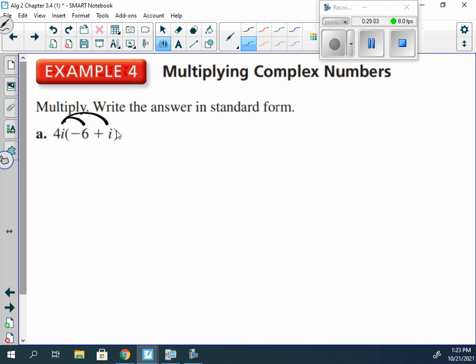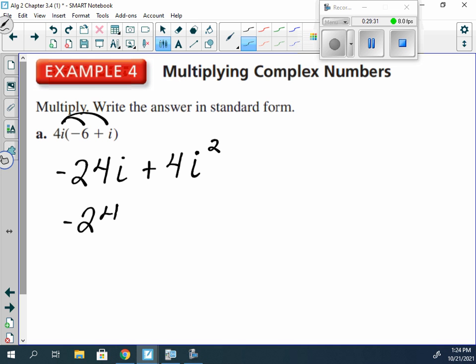So we would say 4i times negative 6. Well, 4 times negative 6 would be negative 24i. 4i times i is going to be plus 4i what? Squared, because i times i would be i squared.